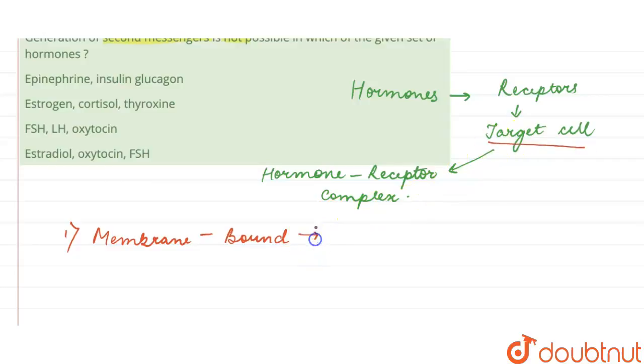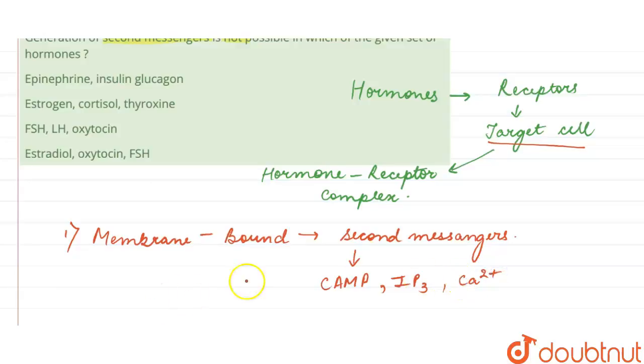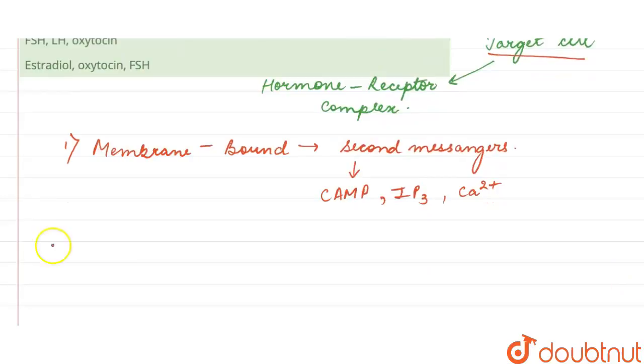So when the hormones bind to these membrane bound receptors, they produce secondary messengers, which will in turn carry the function of these hormones. The examples of secondary messengers can be cAMP, IP3, and calcium ion.